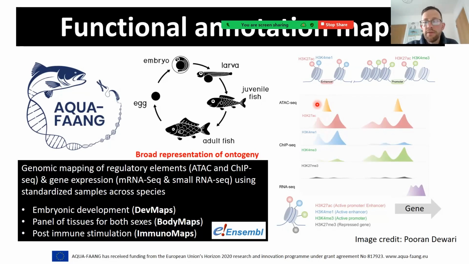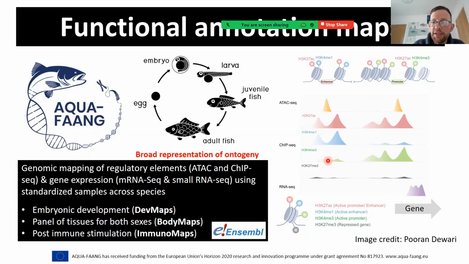In AQUA-FAANG, we've focused on 4 histone modifications, which together allow us to distinguish promoter and enhancer regions in different states. For example, open chromatin marked by H3K27 acetylation and H3K4me1 with low H3K4me3 can identify an active enhancer, whereas other marks can identify other states.